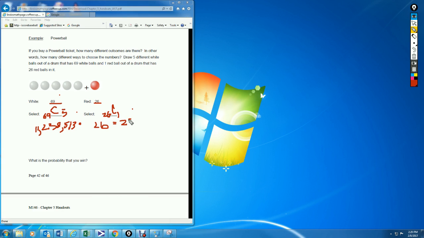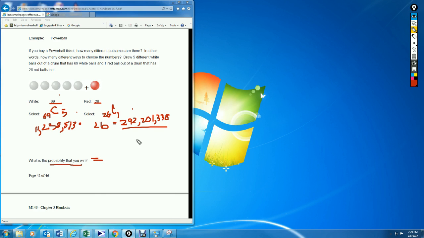And so the final result is 292,201,338. So in other words, that is the total number of ways to pick a Powerball ticket number. Okay, that many ways. So therefore, the probability that you win, there is only one way to win.